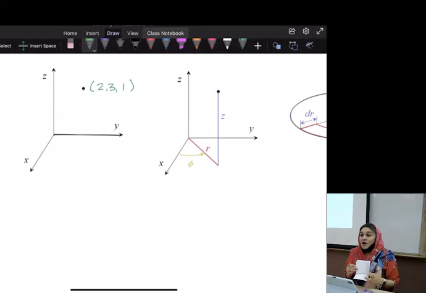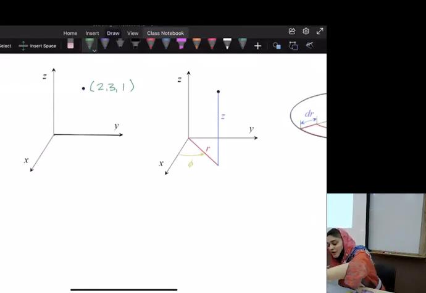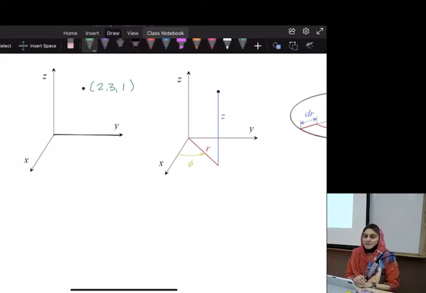Now, on this coordinate system, I want you to imagine that you have a cylinder. I want you to place this imaginary cylinder on your coordinate system, and think about what it would require you to do.